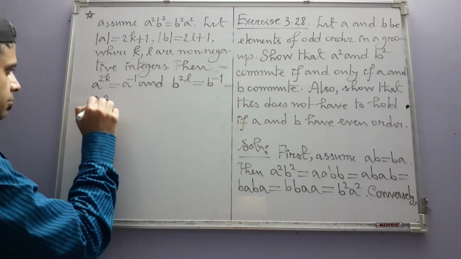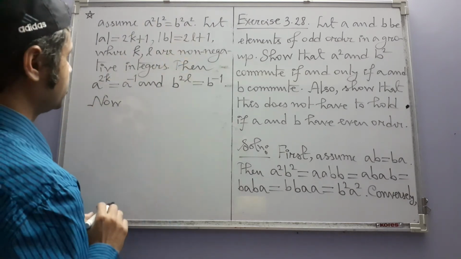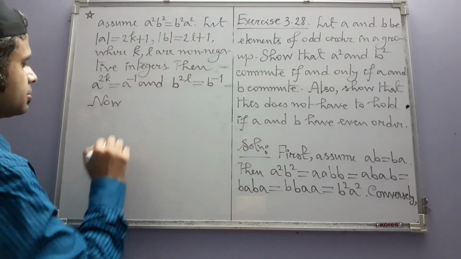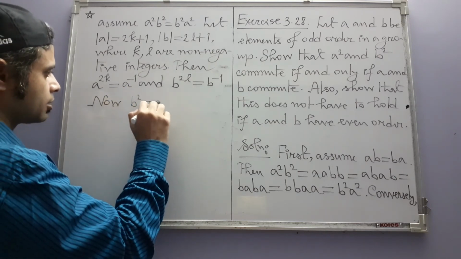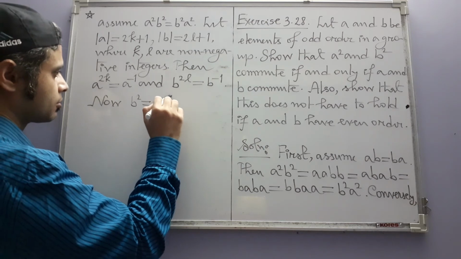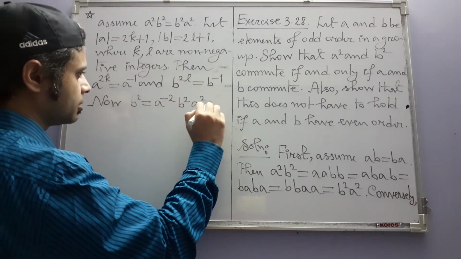Now, from this equation we get something like this: B square equals A to the power minus 2 B square A square.